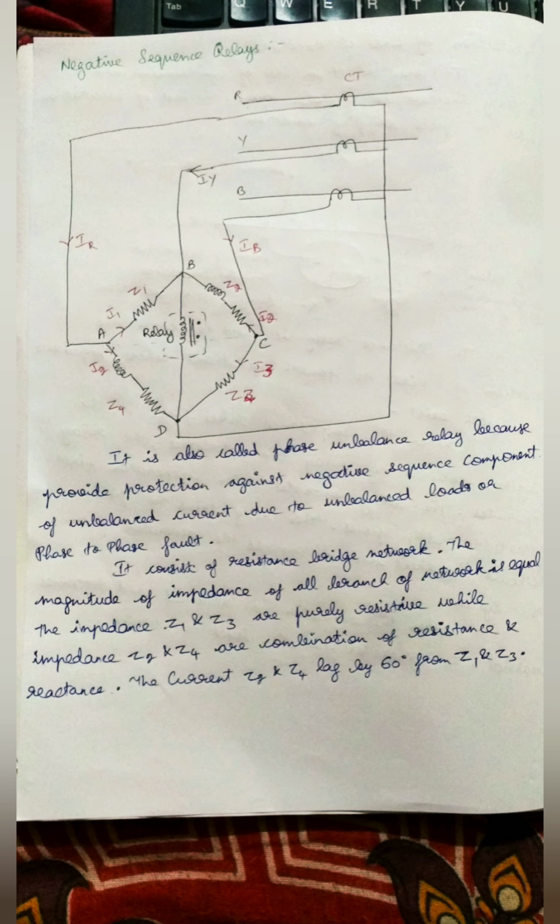Hence the protection is carried out against overload, phase-to-phase faults, or even an unbalance in current from one phase to another, and this negative sequence plays a major role in protection.